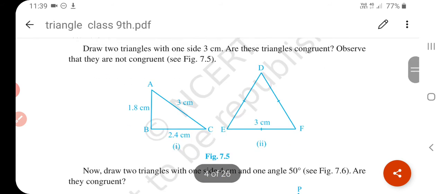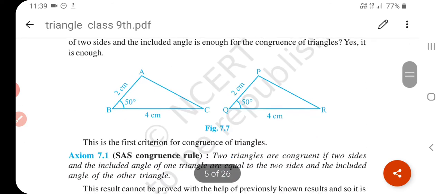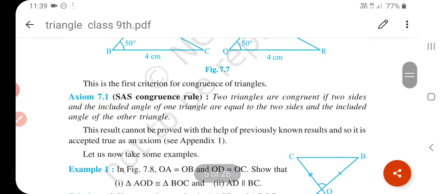What is the side angle side congruency rule? It tells us two triangles are congruent if two sides and the included angle of one triangle are equal to the two sides and the included angle of the other triangle. This is called the side angle side congruency rule.